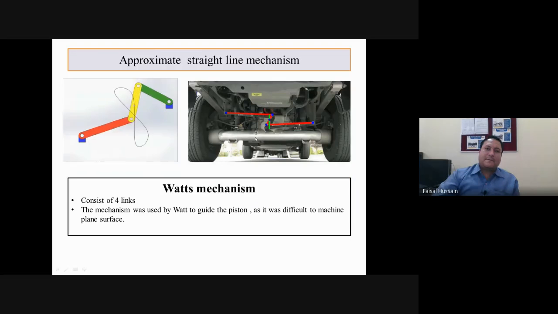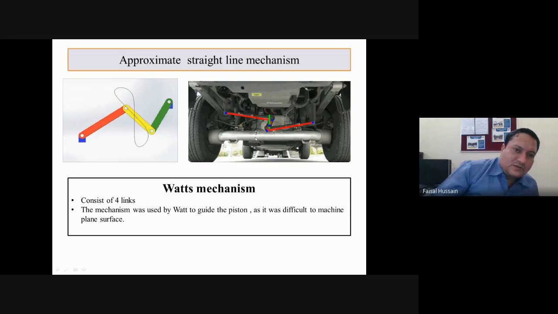After this, see here, the approximate straight line mechanism. Why is it approximate? Because you can see that it is not tracing the path in a perfect straight line, but in an approximate straight line. At some point, there is a curvilinear performance. So it is the Watt mechanism.